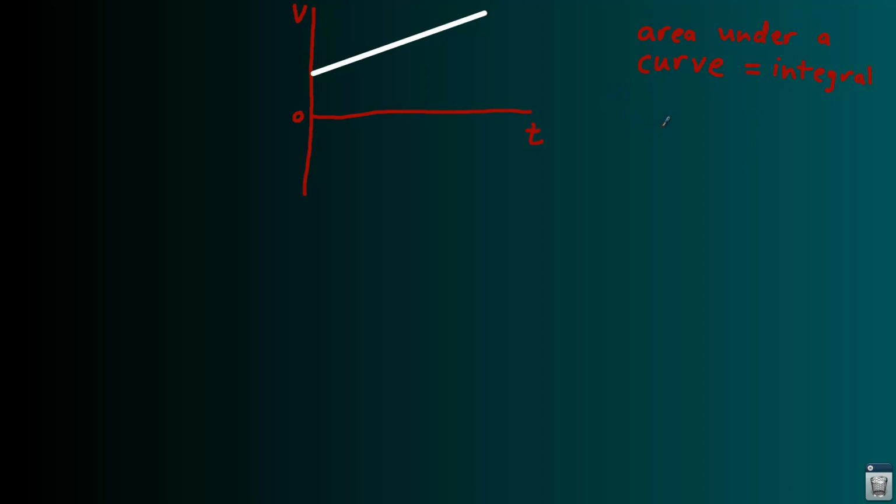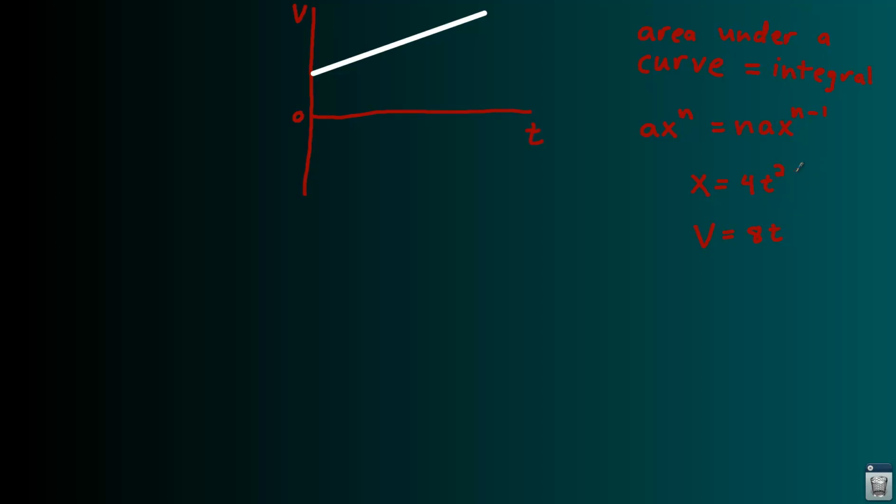Earlier, I showed you the power rule, right? Where if you have something of the form ax to the n, if you take the derivative of that, that becomes n a x to the n minus 1. How this relates to physics is if you have something like x equals 4t squared, you can find the velocity by taking the derivative, and that gives you, using this rule, 8t.